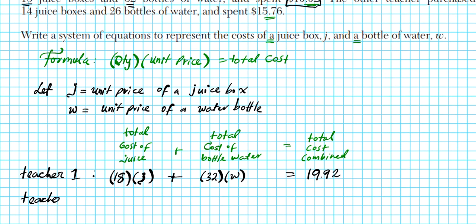Okay, let's take a look at teacher 2. For teacher 2, how many boxes of juice did teacher 2 buy? 14, right? And the unit cost is J, as we have declared over here. How many bottles of water? 26 times the unit price W. Teacher 2 spent a total of $15.76.